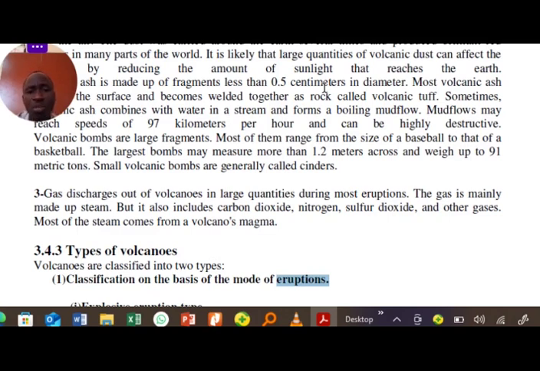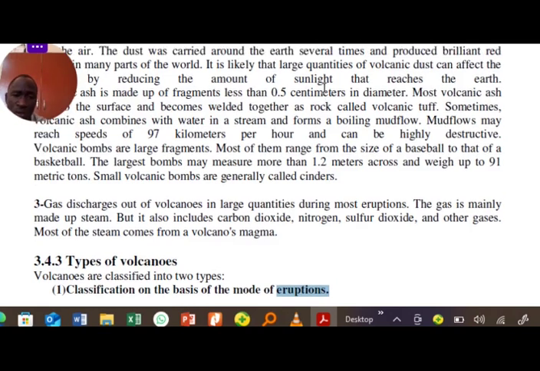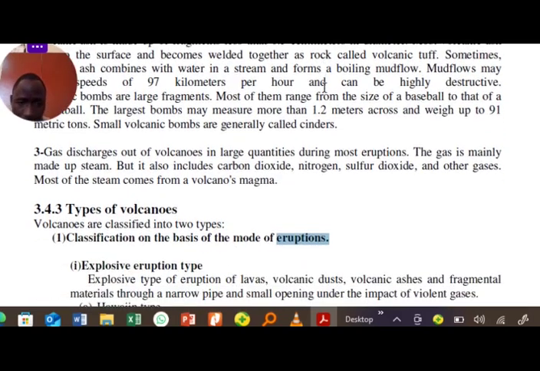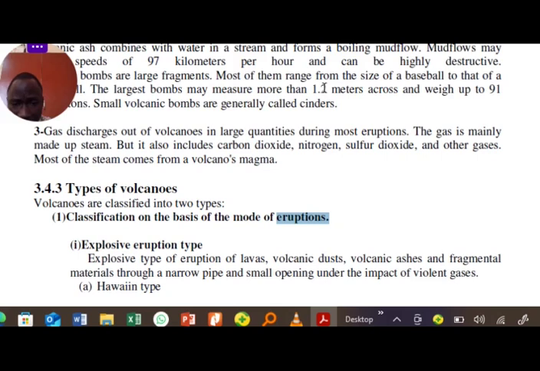Today we are going to be picking up from another topic, and this one will be the types of volcanoes. Last time we talked about volcanism. This time round we are going to be looking at the types of volcanoes, and how they are classified.